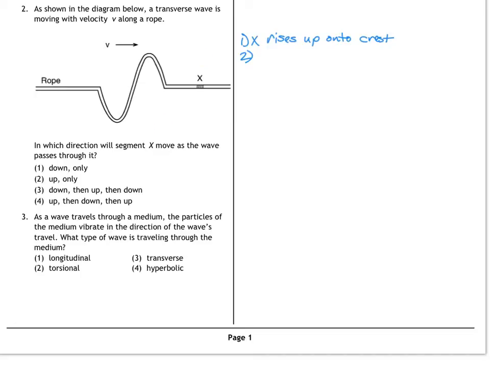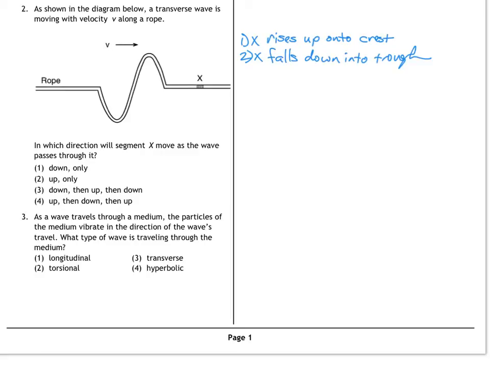But once the crest passes through x, the x will be following along the backside of the wave, which I'm highlighting here. So it'll be falling down in that moment until it reaches where the crest used to be, down here, and that will be its lowest point.